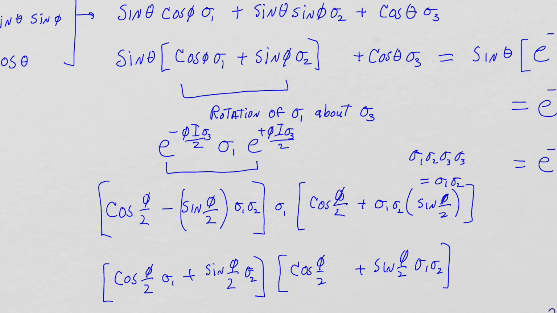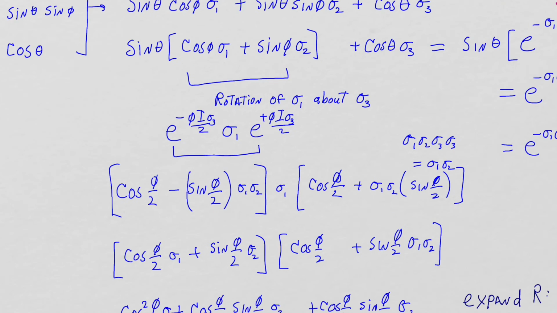And recognizing that, I can write that down as sigma 1 rotated around sigma 3 using our prescription for rotors, right? So this is the rotor, this is the reversion of the rotor. I want to move it an angle of phi. So I write it as phi over 2 here, but when I use this prescription, that rotates it by a full angle of phi.